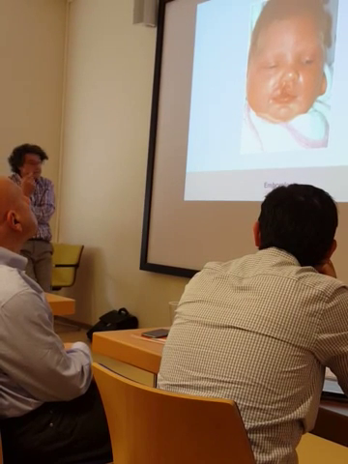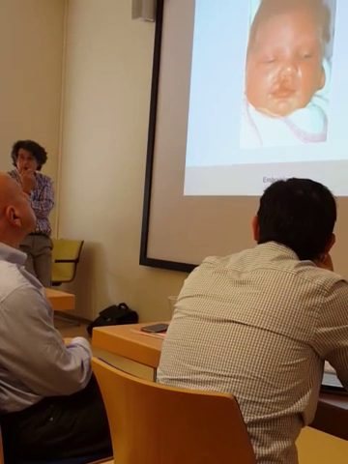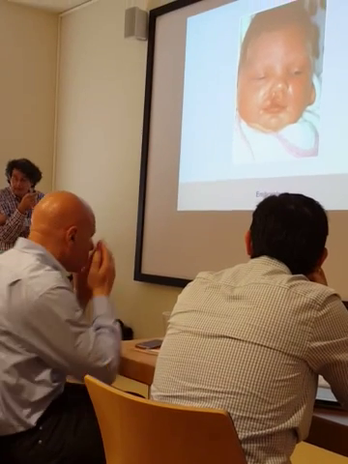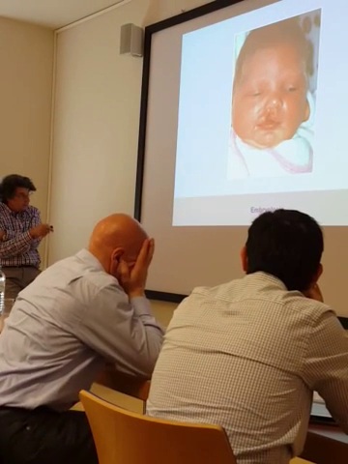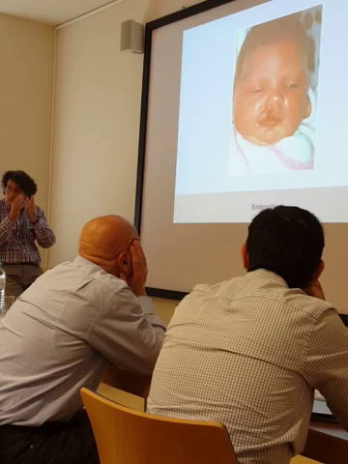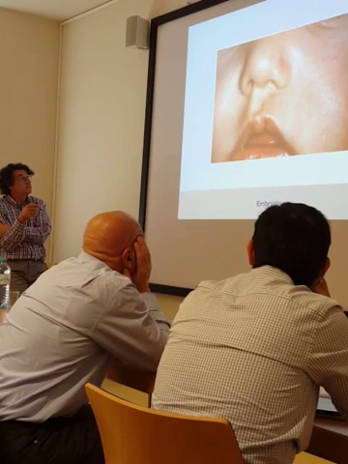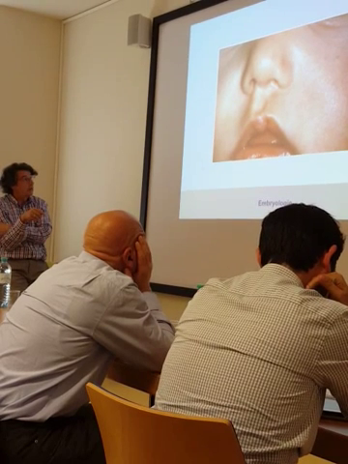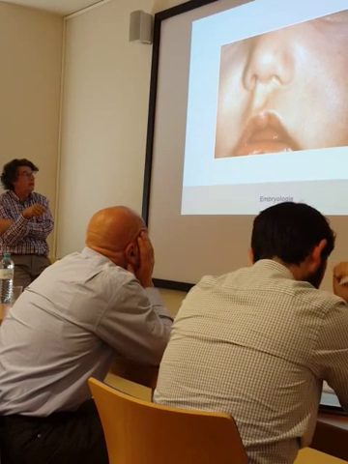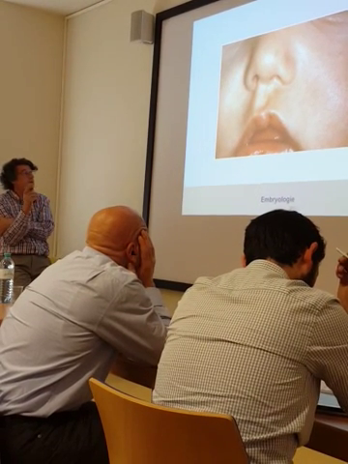Probably there is no, at least no major clefting of the palate, and the two parts are pretty close together. And this is even a very slight form. This is a micro form of the clefting.